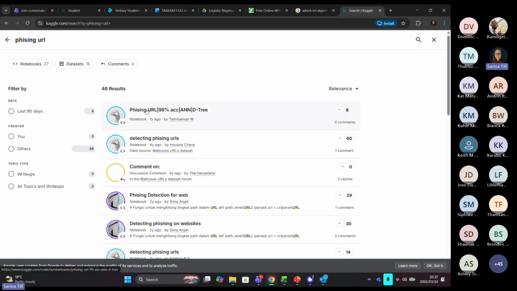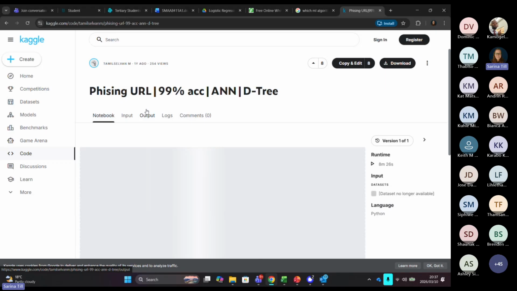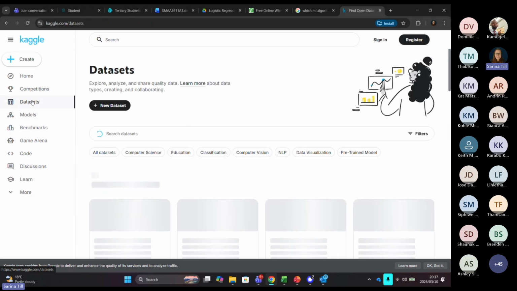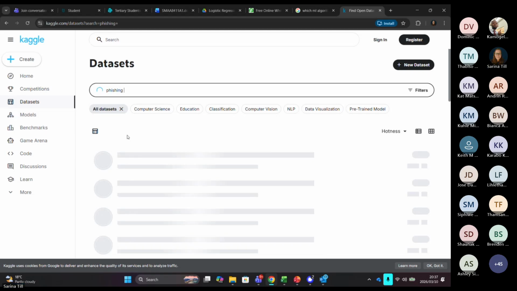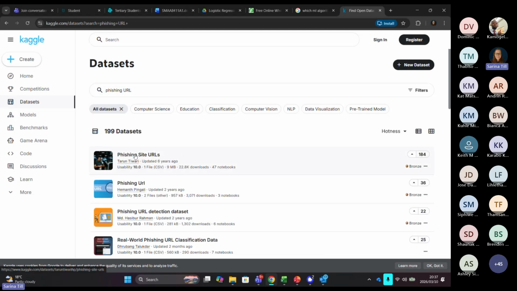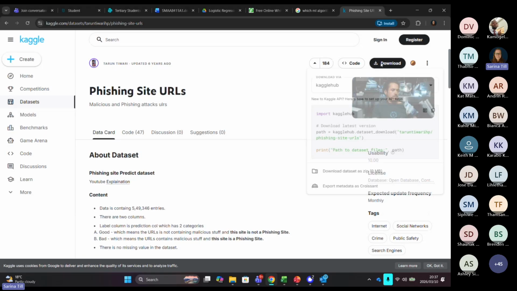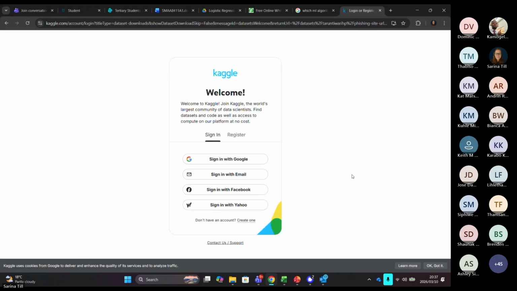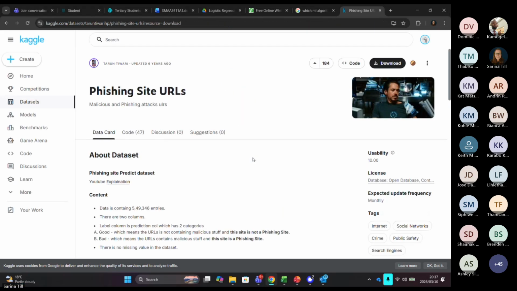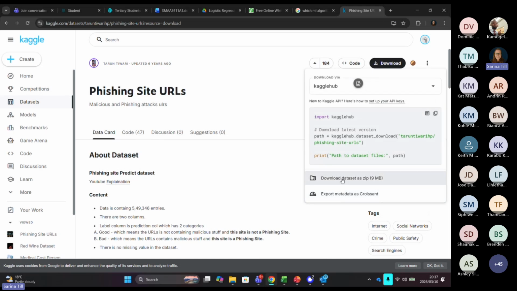So if we want to classify a phishing URL, am I going to get to that dataset easily now, or am I going to suffer? If we look at the phishing URL dataset, if we download that, oh, yeah, okay, Kaggle. And then you have to click download again.